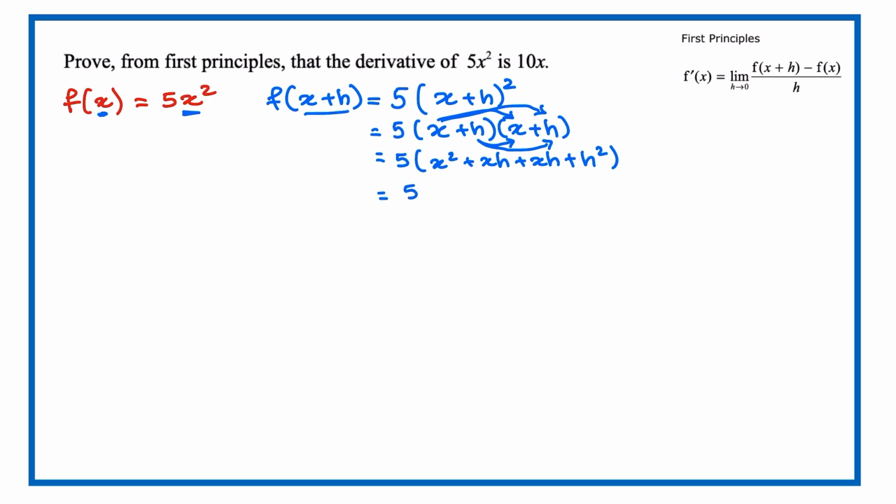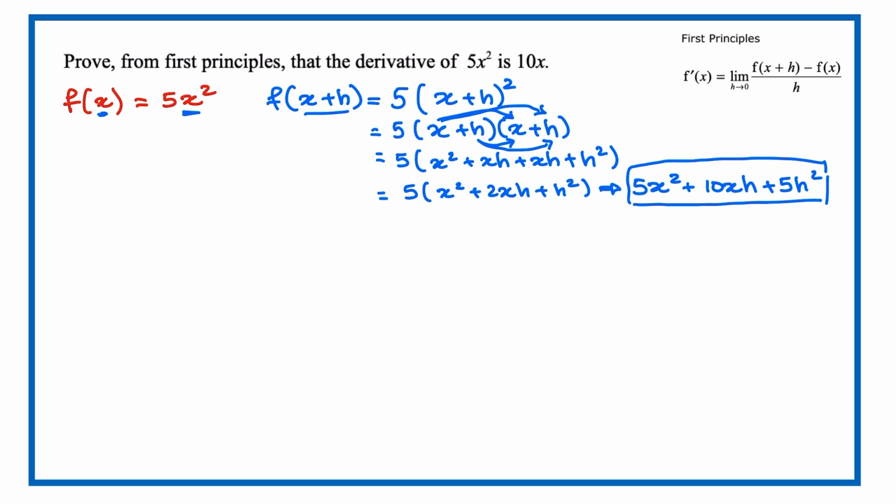So this simplifies down to 5 bracket x squared plus 2xh plus h squared. If I simplify this, that becomes 5x squared plus 10xh plus 5h squared. So that's my final answer when I simplified my equation.